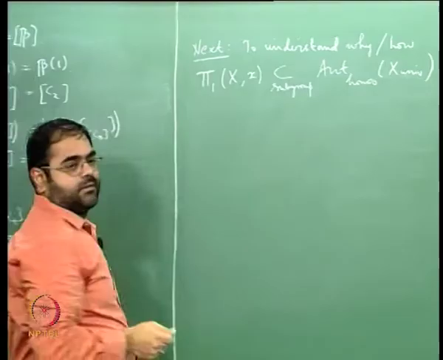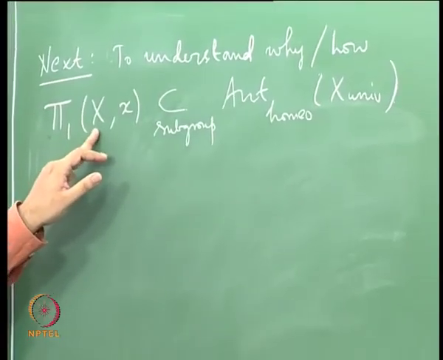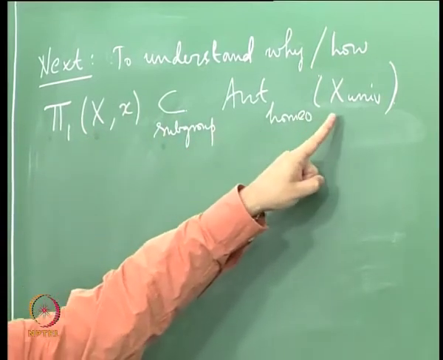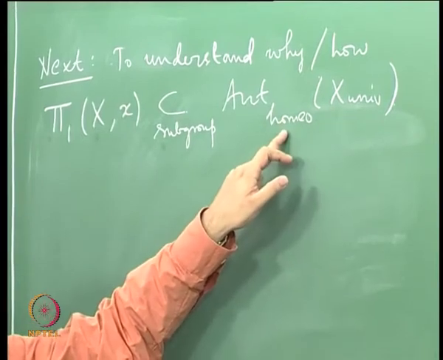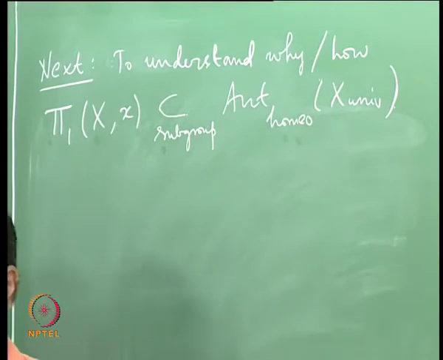Okay. So why is the fundamental group of the base space, why can it be identified naturally as a subgroup of automorphisms of the universal covering, automorphisms which are of course homeomorphisms, okay, self-homeomorphisms.